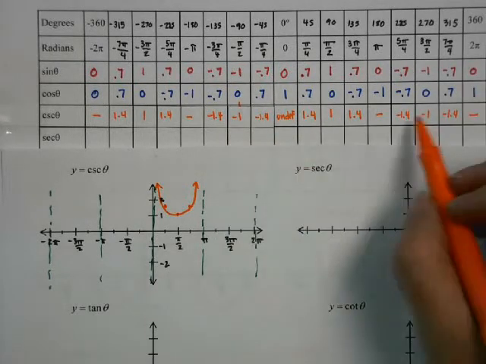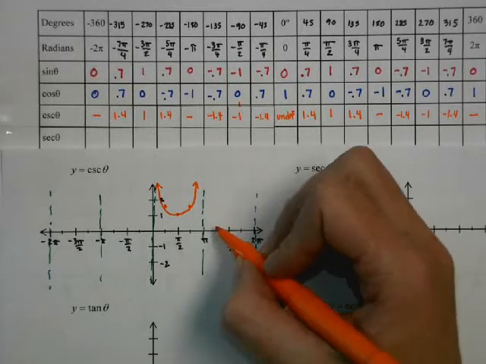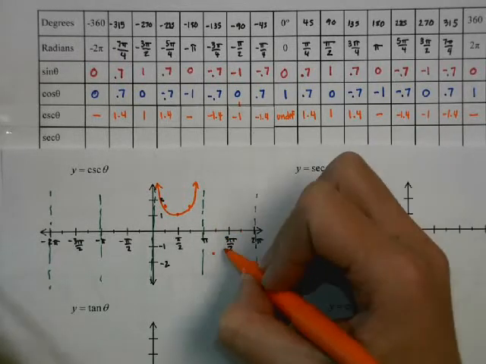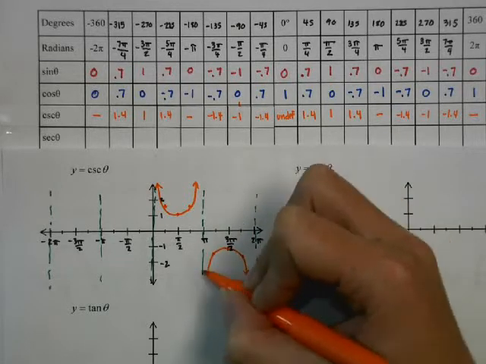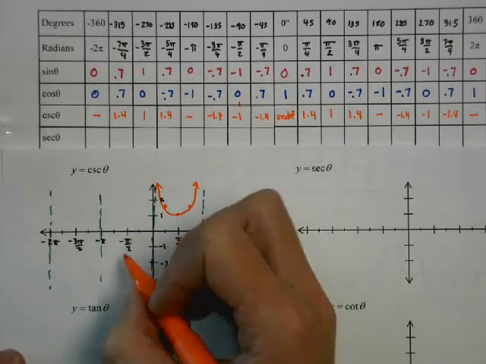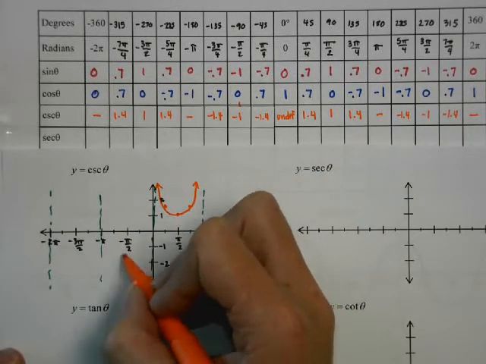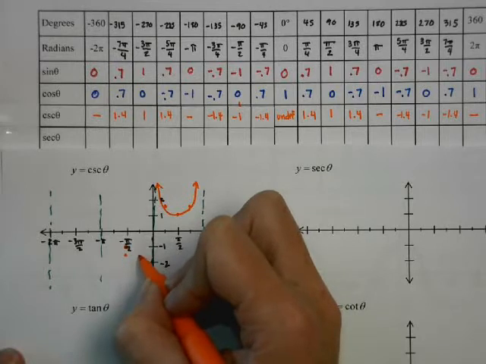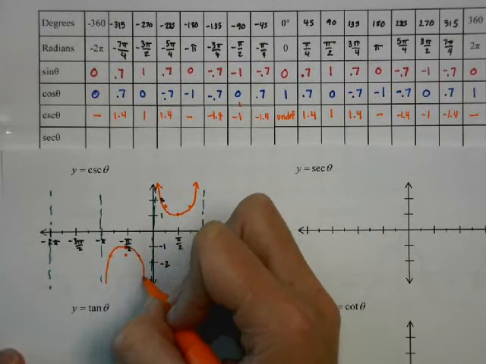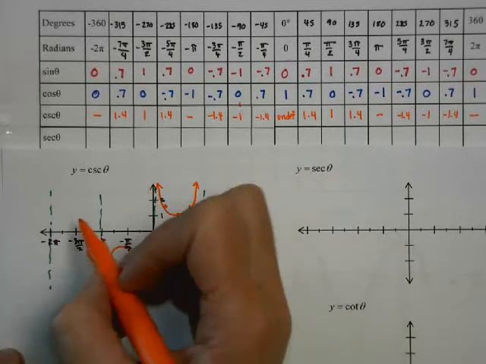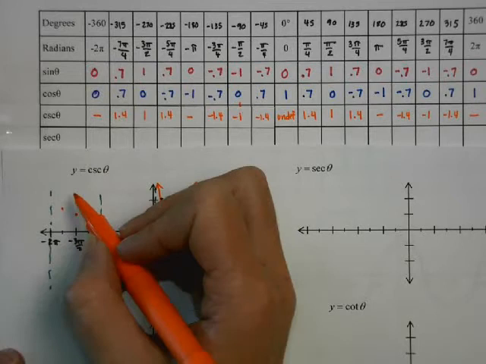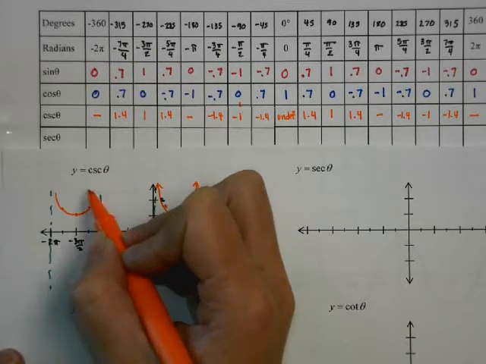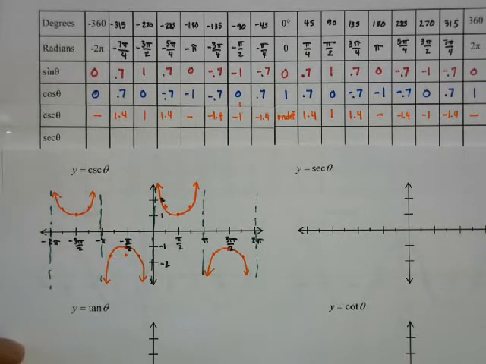At 5 pi over 4, we're at negative 1.4, at negative 1 and negative 1.4, and it's just going to keep repeating that. And then here, and then we're at 1, 1.4, 1.4, like so. So this is the graph of cosecant.